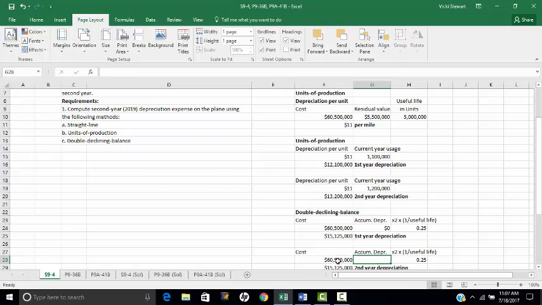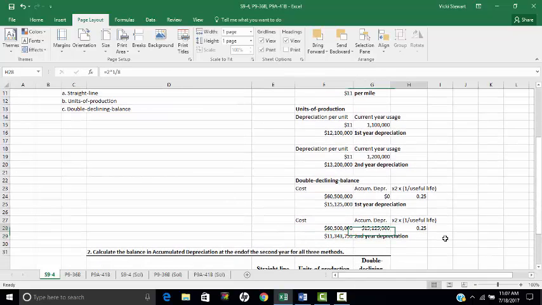And this time we're going to subtract the accumulated depreciation, which we calculated for the first year, of $15,125,000. And then multiply that times 2 times the straight line rate, and we get $11,343,750 for the second year depreciation.